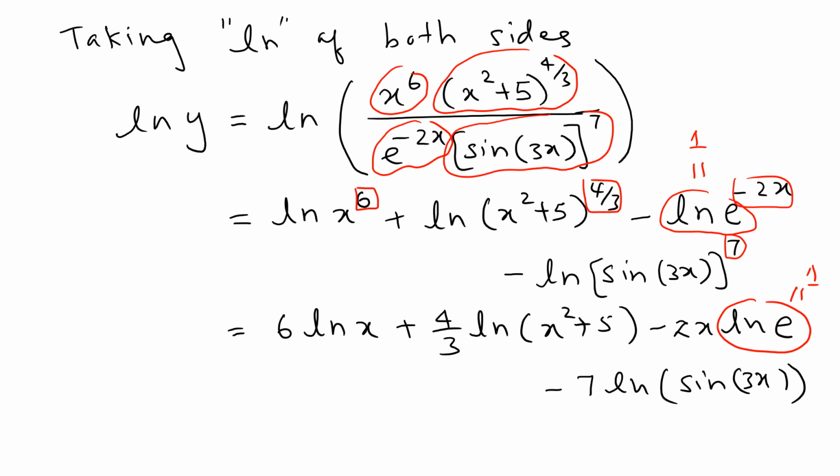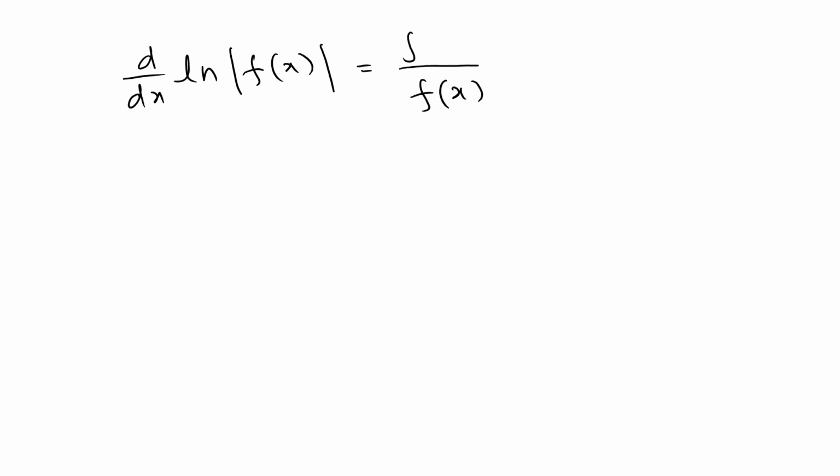Now we can recall one more result from calculus. We know that if you take the derivative of a log function, the derivative of the natural log of the absolute value of a function, the function goes down and the derivative goes to the top.